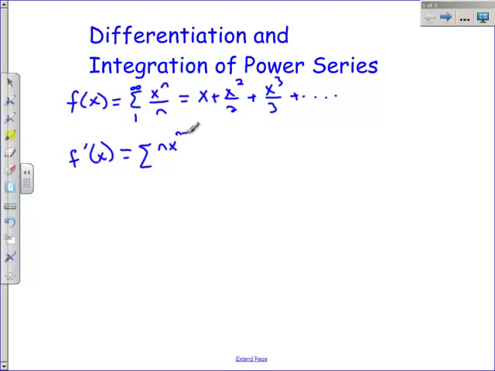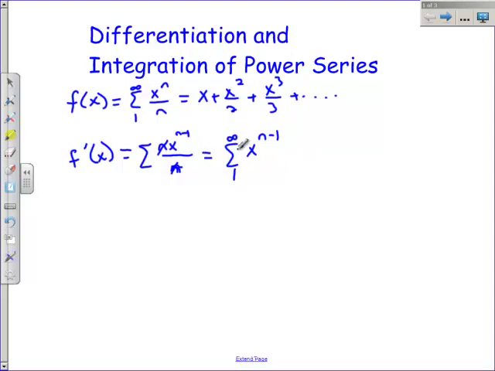And then we subtract 1 off of that exponent. So what happens here is those n's cancel, and we get this summation of x to the n minus 1, going from 1 to infinity.